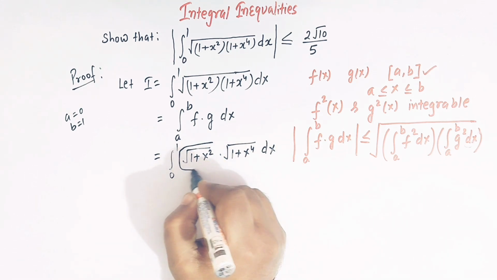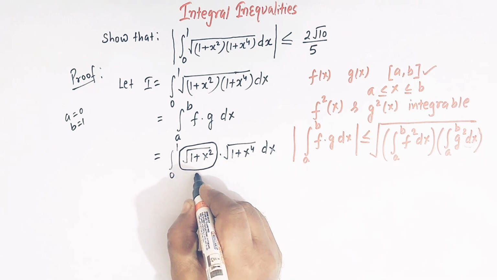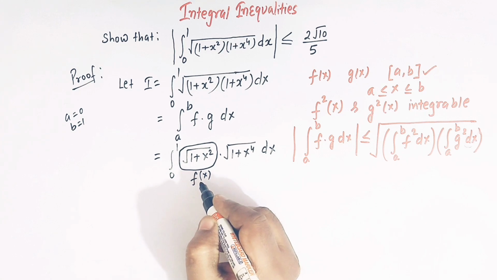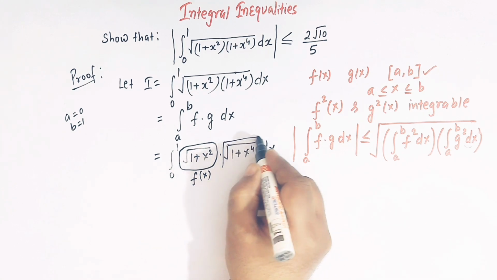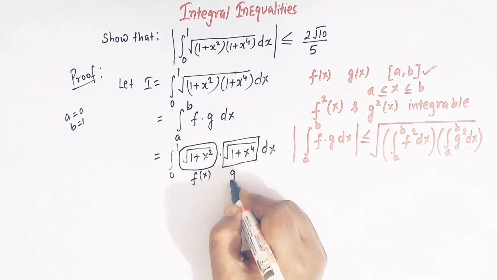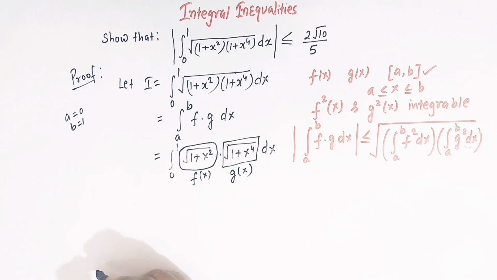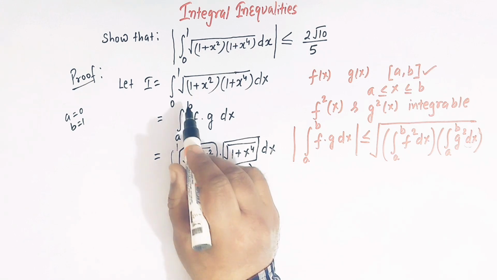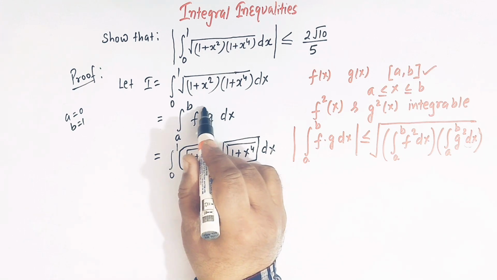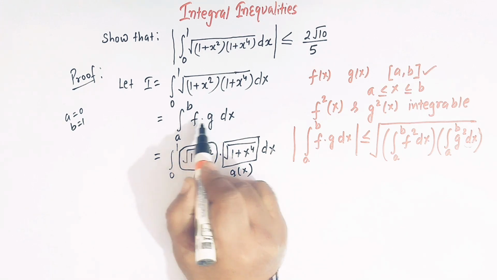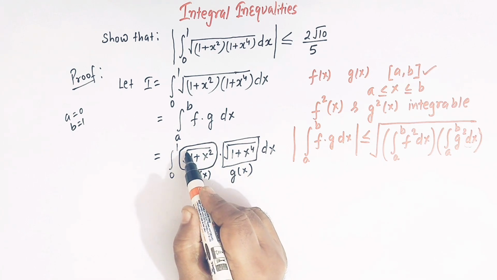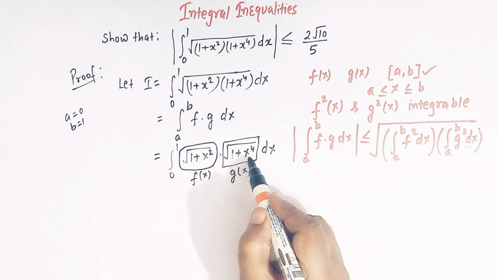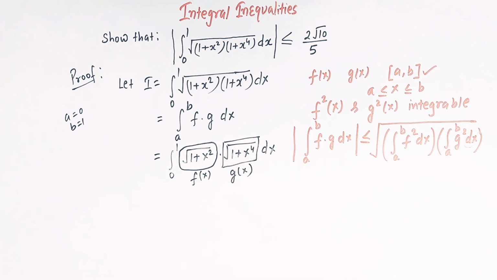Now this function may be taken as the function f of x, and this function may be treated as g of x. So now we have an integral a to b of f times g, the product of f and g, where f is square root of 1 plus x square and g is the square root of 1 plus x raised to 4.